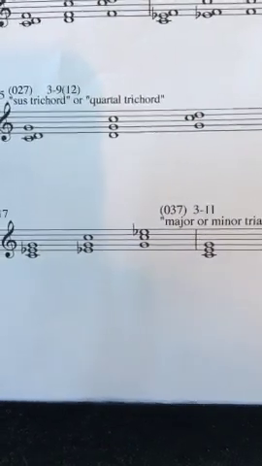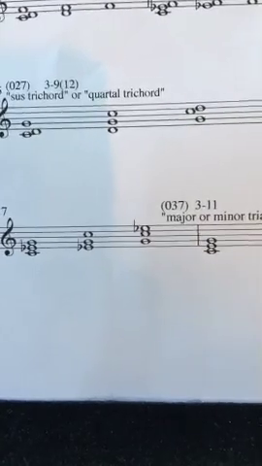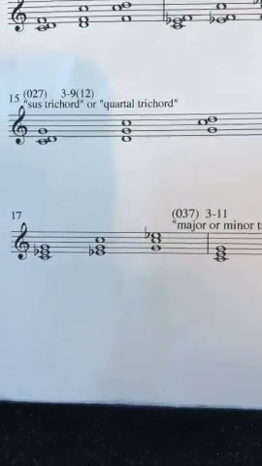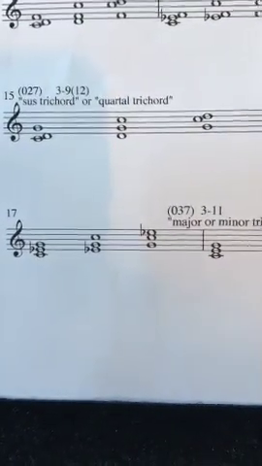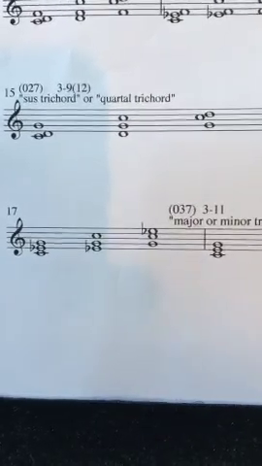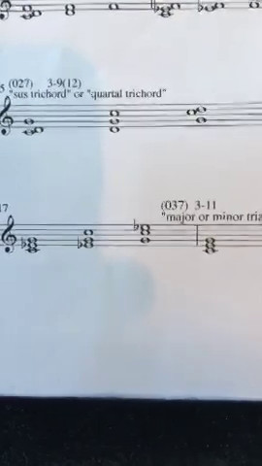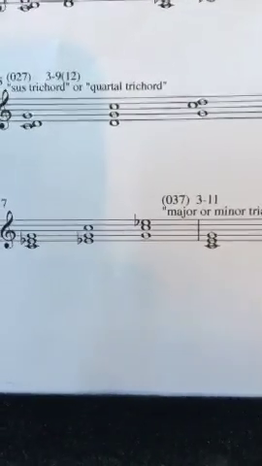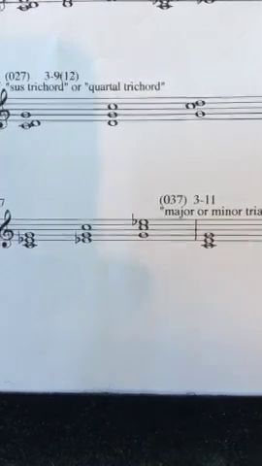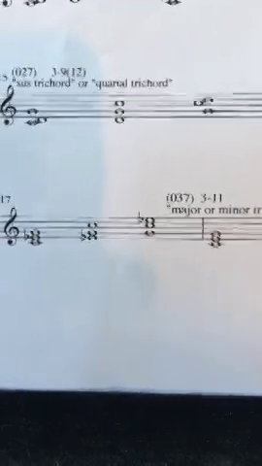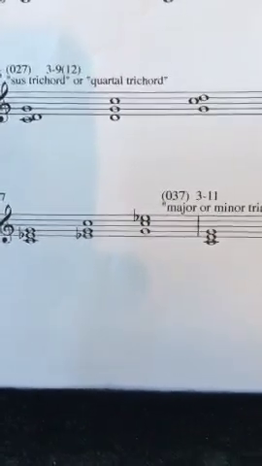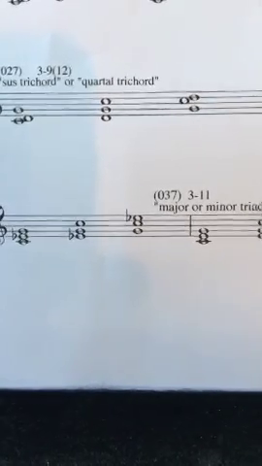Then we have our sus trichord, which this one's super interesting. It's a little tricky because look, we take that pitch class set C, D, G. We go like this, it turns into quartal harmony, which we'll talk about later. This is the practice of stacking perfect 4ths instead of 3rds, as we do in normal triads. But then we do the next rotation, and it's a sus4, sus2, sus4 from the same 3 pitch classes.